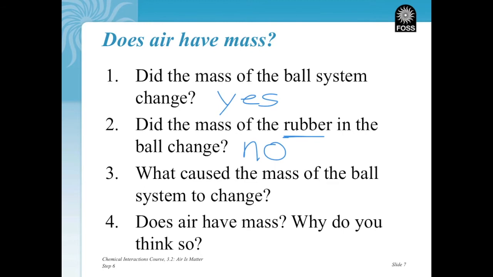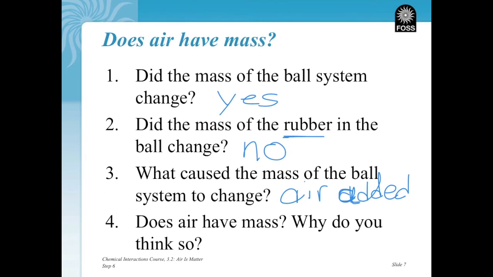So, by common sense and deduction, what caused the mass of the ball system to change? Well, the biggest thing is the air that was added. That's all that was added was air. So the change has to be because of the air that was added.